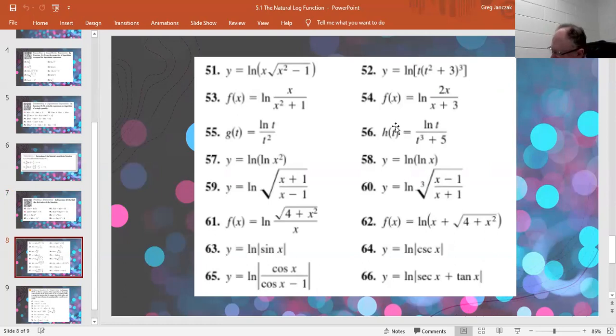So problem 54: we've got f of x equals the natural log of 2x over x plus 3. All right, so let's switch the screen for you. And so we're back here to the board.